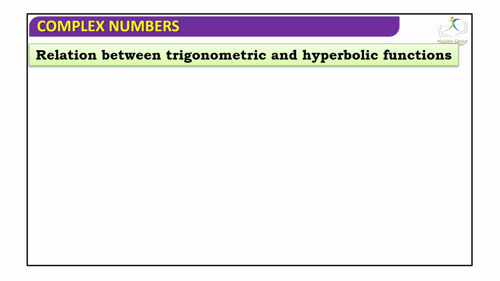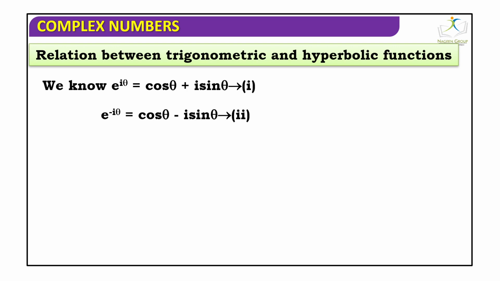Now we are going to find a relation between trigonometric functions and hyperbolic functions. We know e to the iota theta is cos theta plus iota sin theta. E to the minus iota theta will be cos theta minus iota sin theta, right? You only need to replace plus iota theta with minus iota theta.